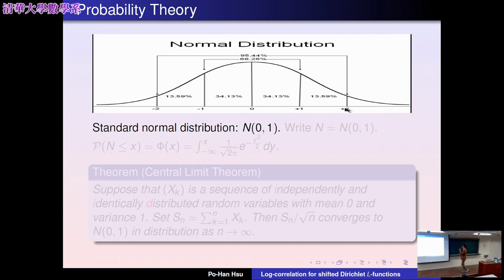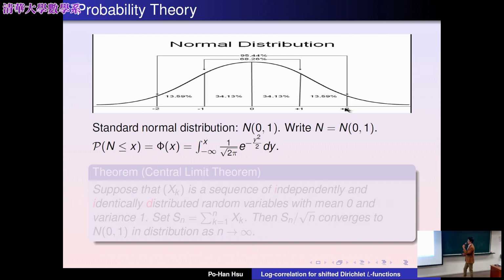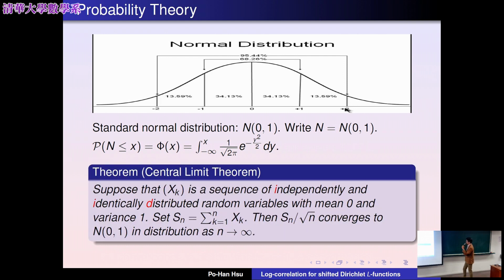Something more. So speaking of normal distribution, if you're not a probabilist, it's okay just to remember this guy. This bell-shaped curve is the normal distribution. If you want a little bit more hardcore, then you may remember this is the CDF of the normal distribution. Now, this is the famous theorem in probability, the central limit theorem.